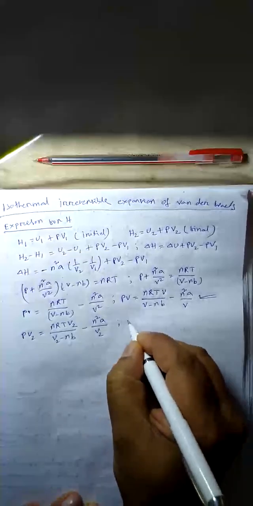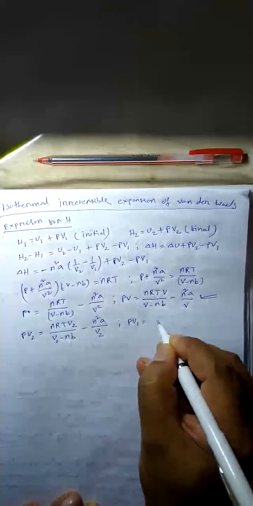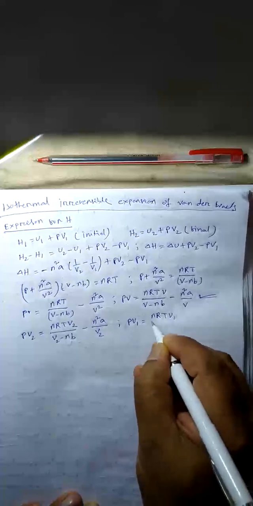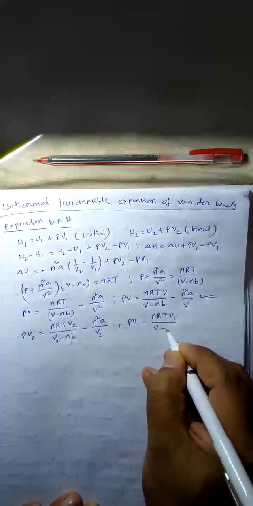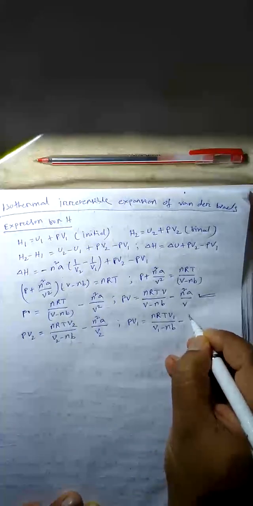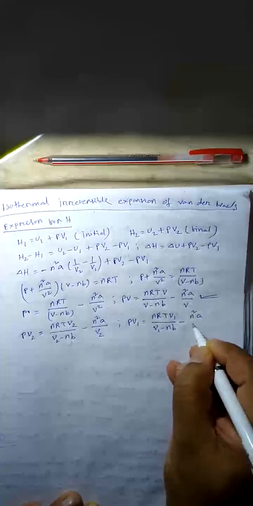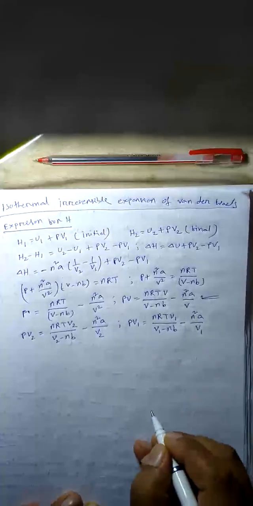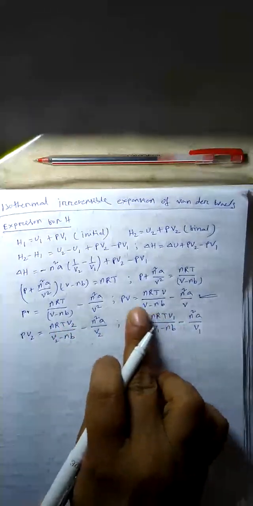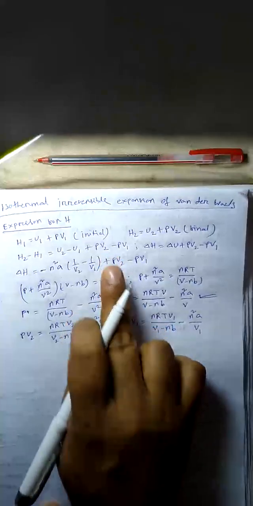Now PV1 is equal to nRT V1 divided by V1 minus nb, minus n squared a divided by V1. Now put this PV2 and PV1 in this equation.